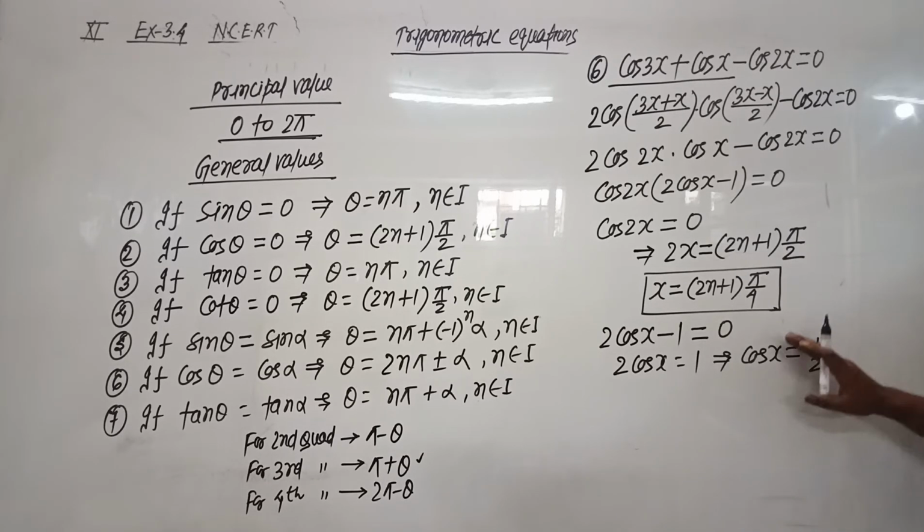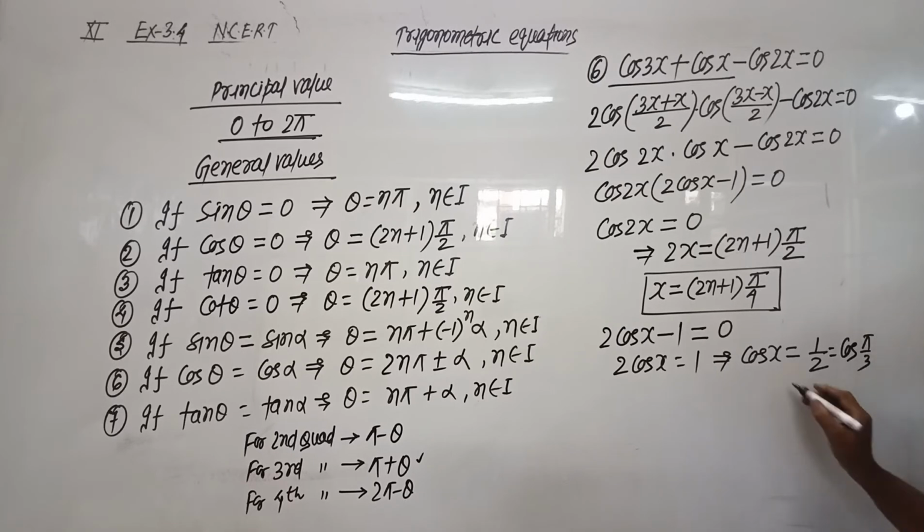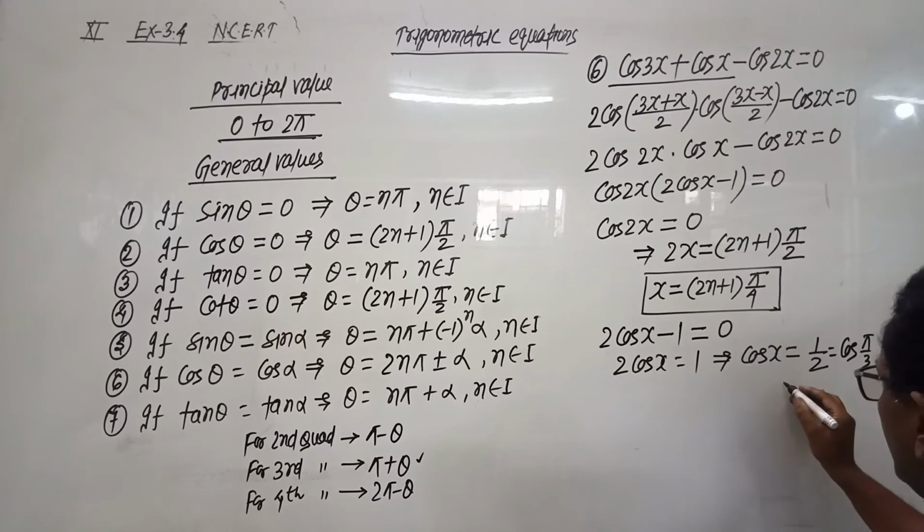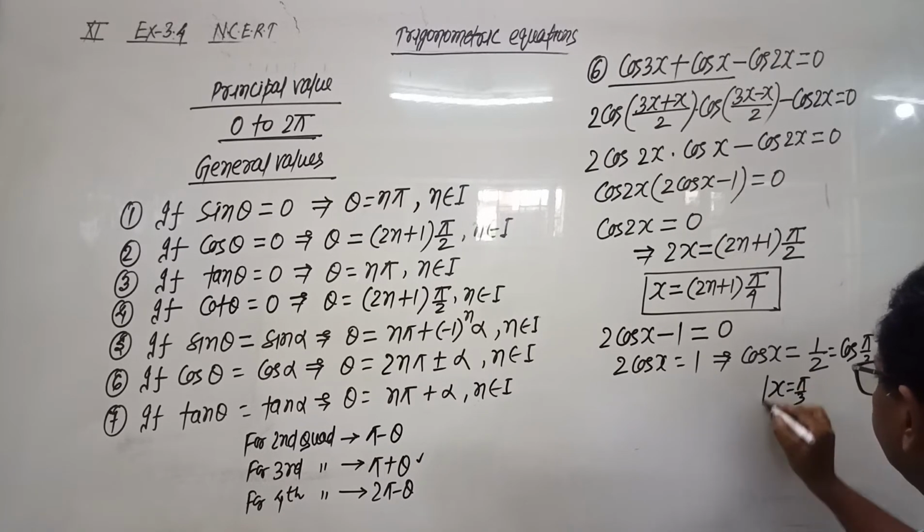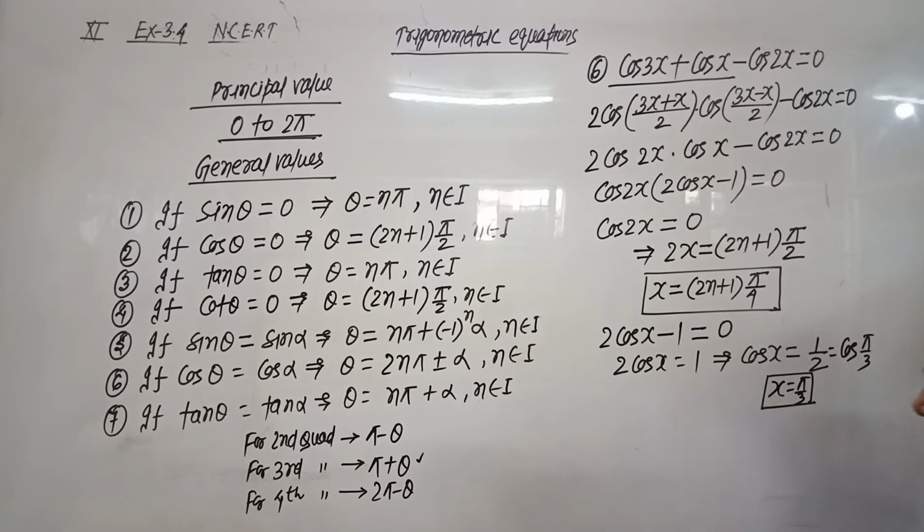In the first quadrant its value is cos 60 degrees, meaning cos pi by 3. So we get x equals to pi by 3. This is a general value.